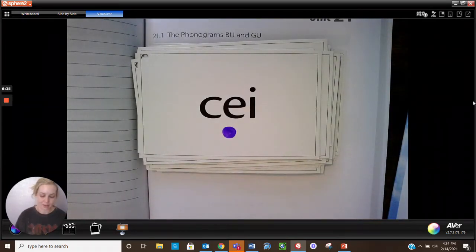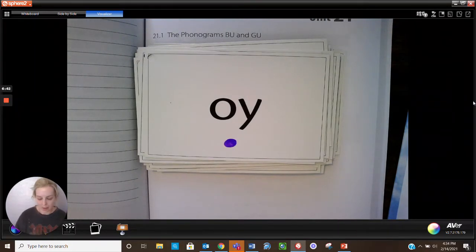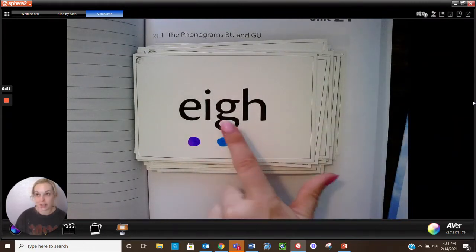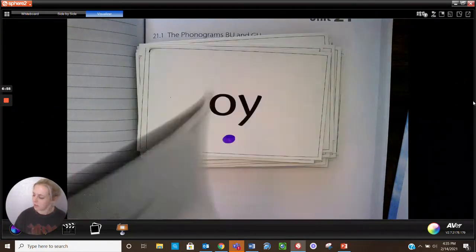C. Oi, two-letter oi, that may be used at the end of English words. A, E, used at the beginning of a base word or the end of a syllable.